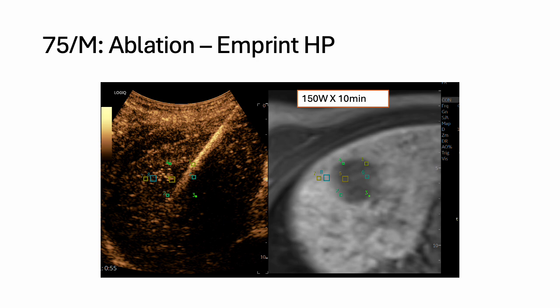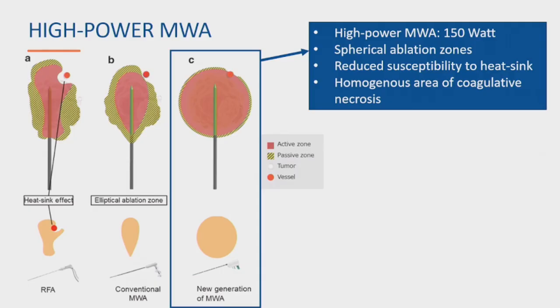And this is a high power microwave ablation antenna placed through the center, 150 watts for 10 minutes with hydrodissection. And this diagram shows the theory behind high power. More of the tissue gets ablated with the active zone of ablation, which means direct heating, less reliance on conduction, and therefore less effect of heat dissipation because of vessels.